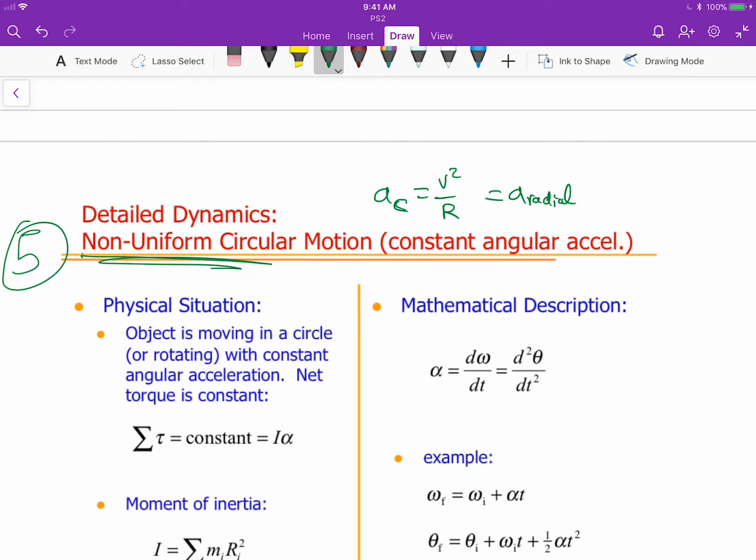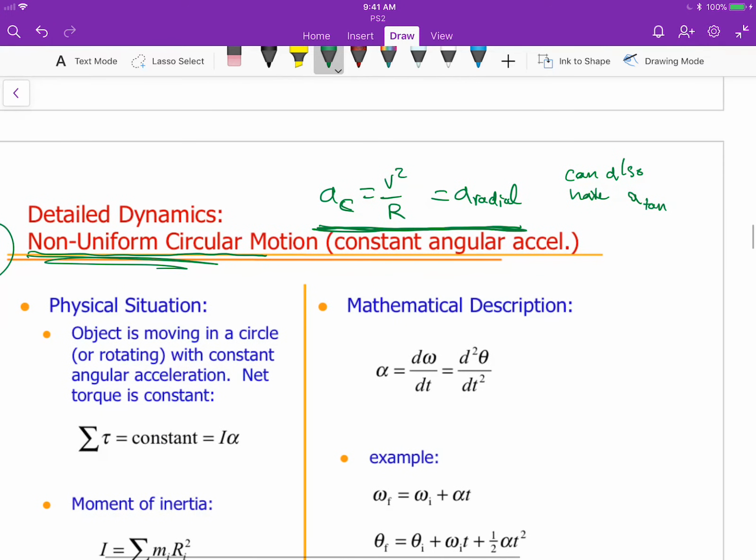So when you have non-uniform circular motion, you can also have a tangential acceleration, but the inward acceleration is still v squared over r. So you can still use this equation. Just keep in mind that this doesn't give you the total acceleration.